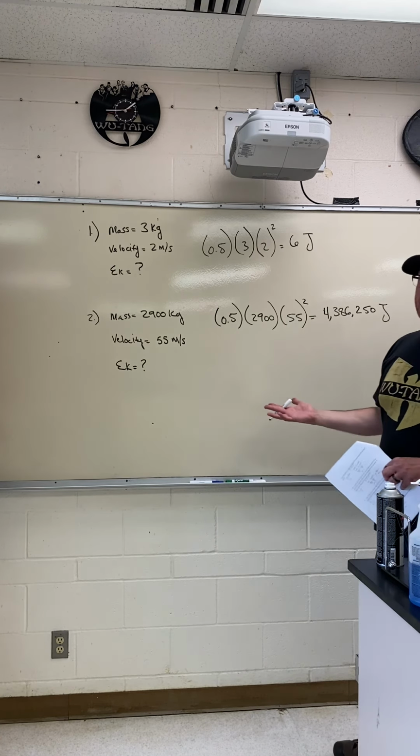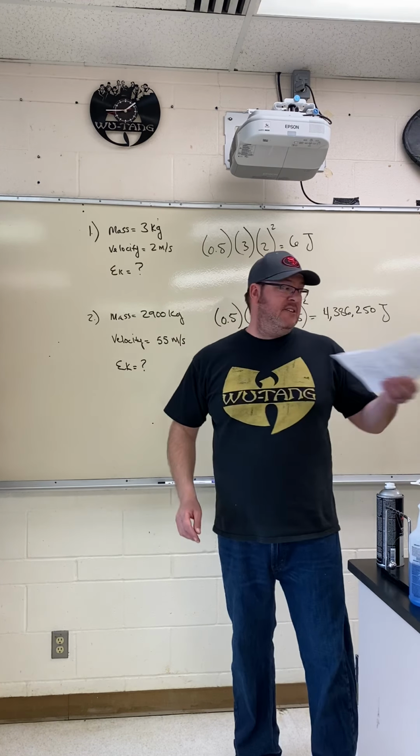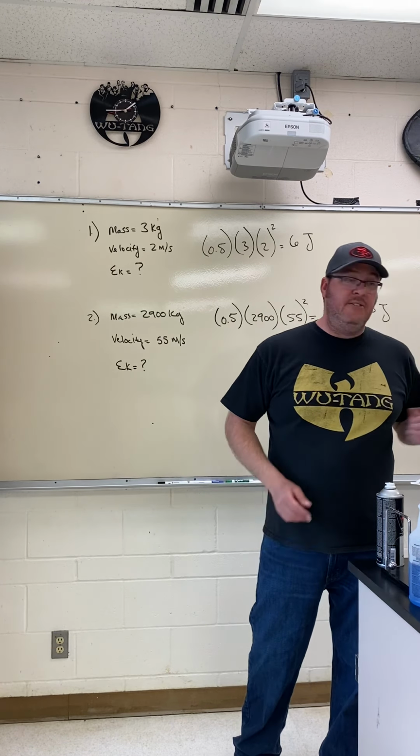Now, if you guys look at these problems and you work through them, one of the things you're going to realize really quickly is that velocity, since it's squared, has a lot to do in these equations. The amount of potential energy and kinetic energy that an individual or a system has can sometimes be equal. For potential energy, I could jump from a lower height and have the same potential energy as a student who is less massive than me, who has to jump from a higher height.